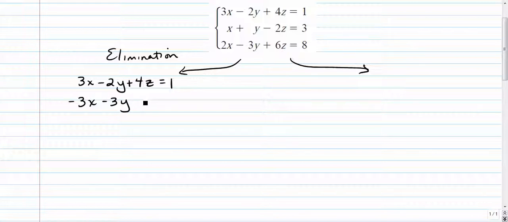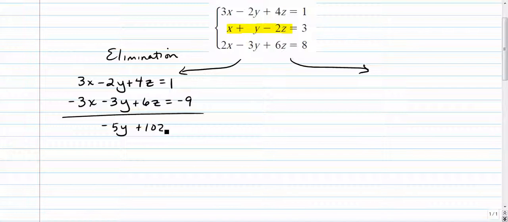So I'm multiplying the whole middle equation by negative 3, and then add them together. We have a nice cancellation here. Negative 5y, positive 10z. Alright, great.